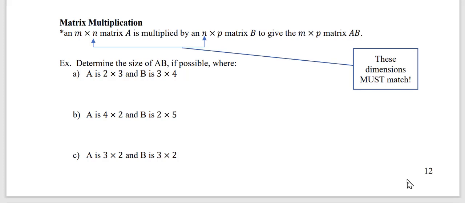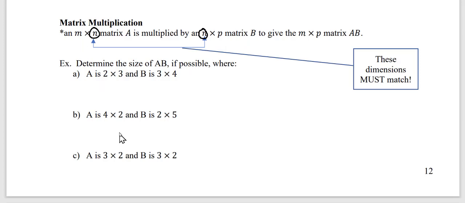Just like you can only add or subtract matrices that are the same size, here to multiply matrices, we don't need them to be the same size. We don't even want them to necessarily be the same size. What we need is the number of columns here to match the number of rows in the second matrix. The result then is the number of rows by the number of columns in these outside dimensions.